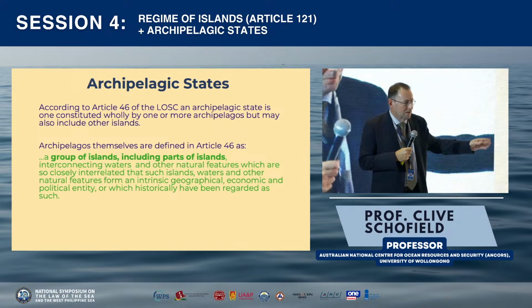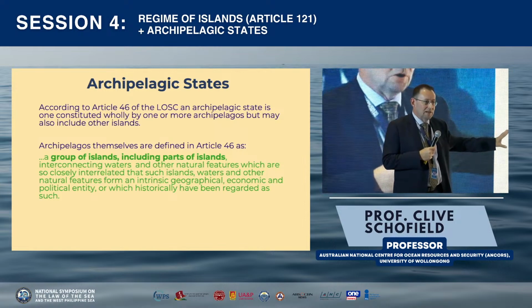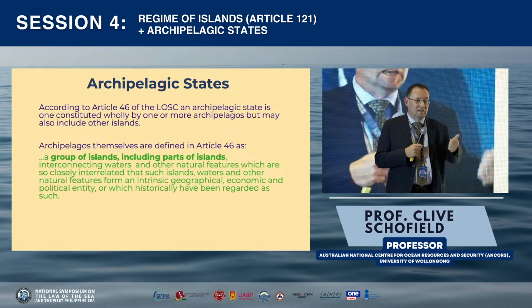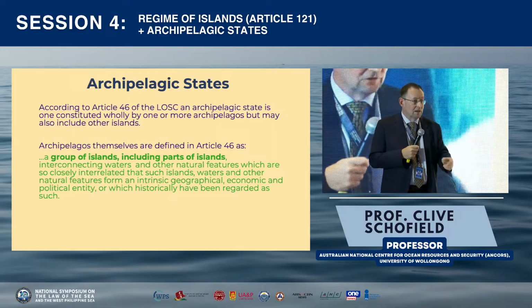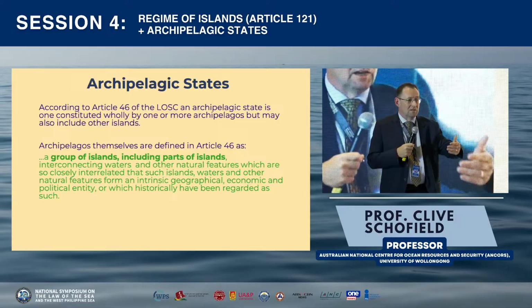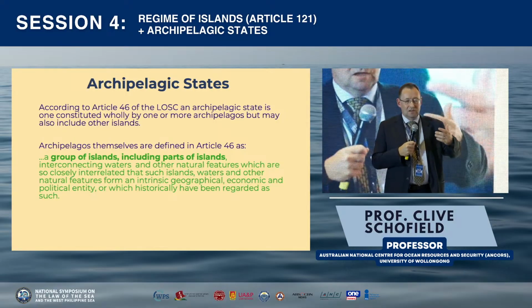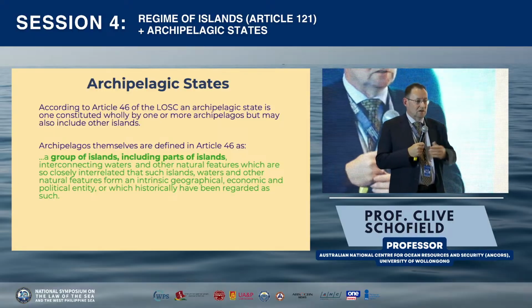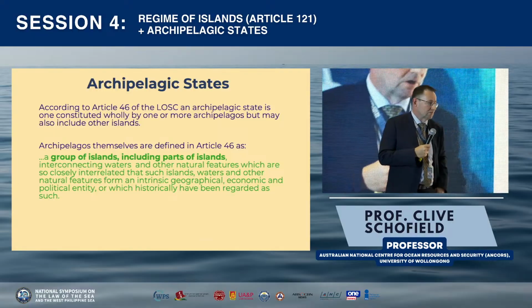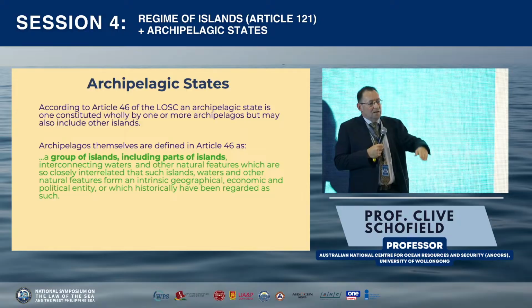So this is based on Indonesia as one of the key archipelagic states, along with the Philippines and along with Fiji, who were championing the idea of the international community accepting archipelagic status, special conditions for archipelagic states.